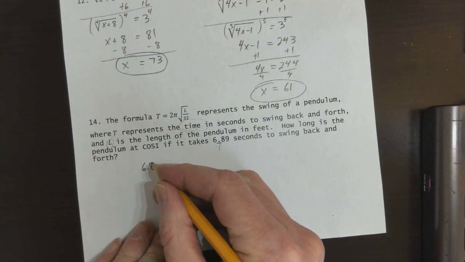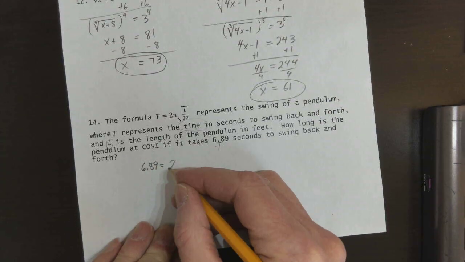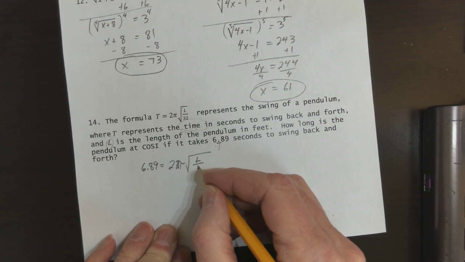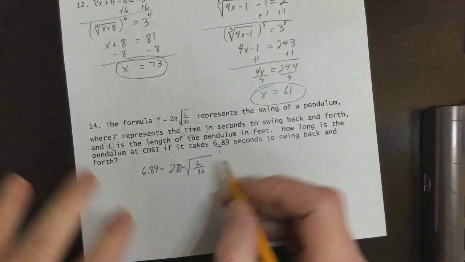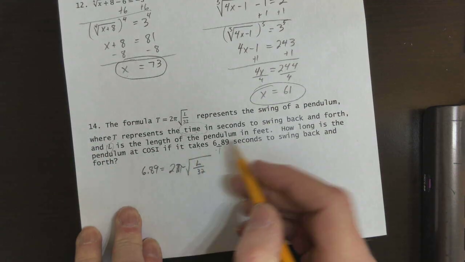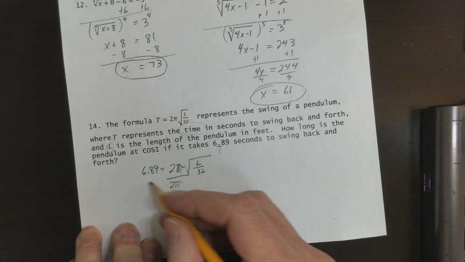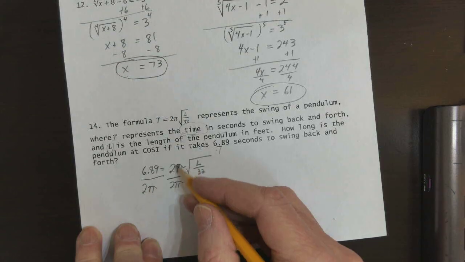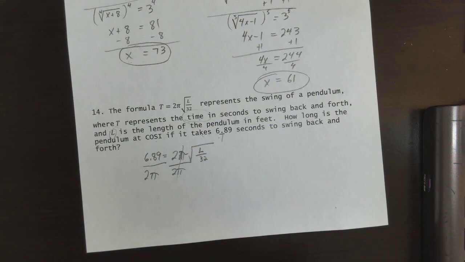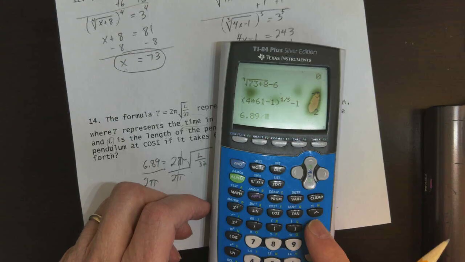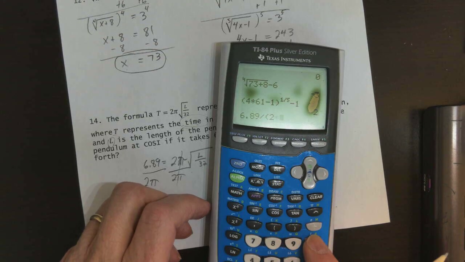So 6.89 equals 2 pi times the square root of L over 32. So we're solving for L, the length of the pendulum. I'm going to divide both sides by 2 pi first, and then that'll cancel out. 6.89 divided by, I'll put this in parentheses, 2 times pi.